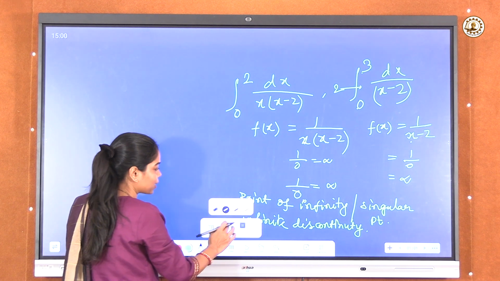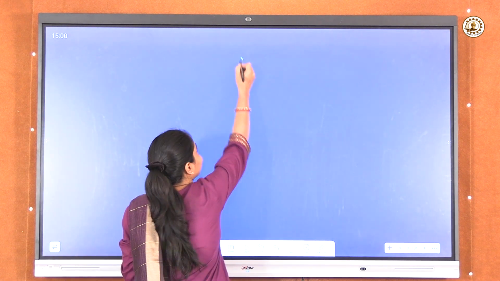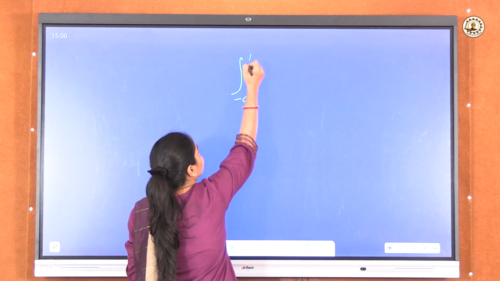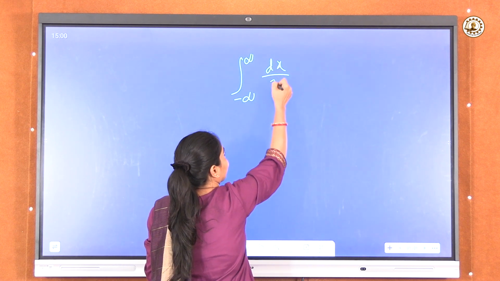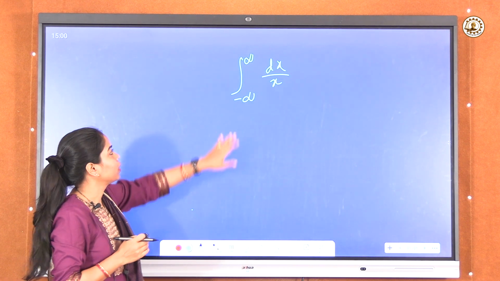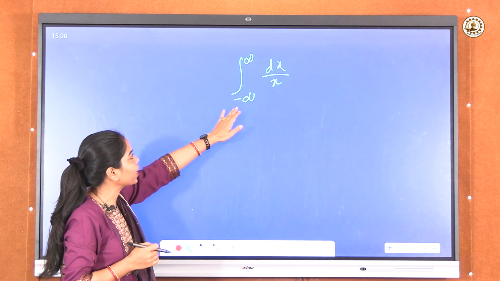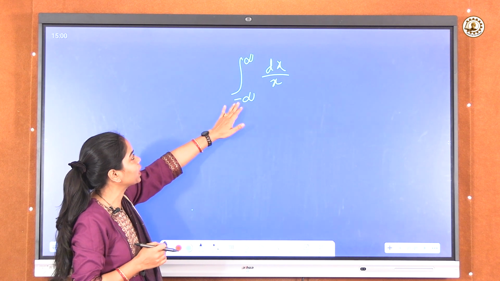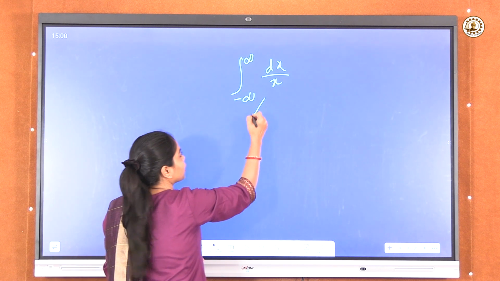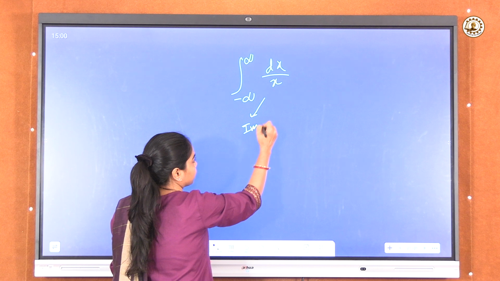Okay, let us take another example. Suppose the integral is minus infinity to infinity dx by x. There is no finite limit. The limits are infinite. If any limit of the integration is infinite, that integration is directly improper.